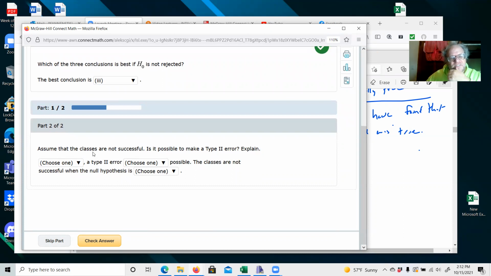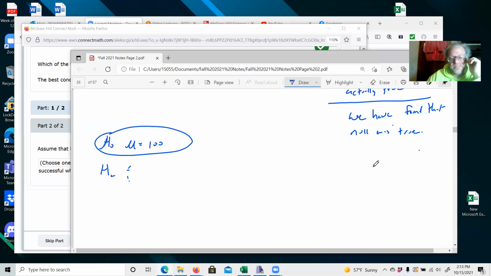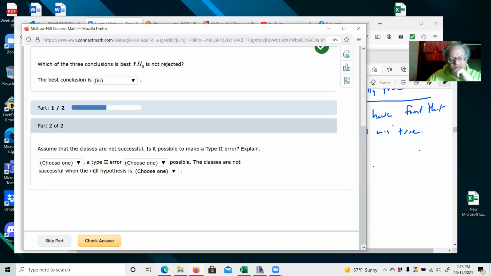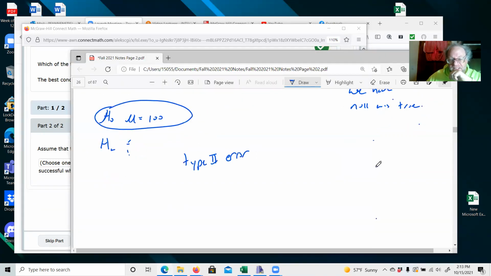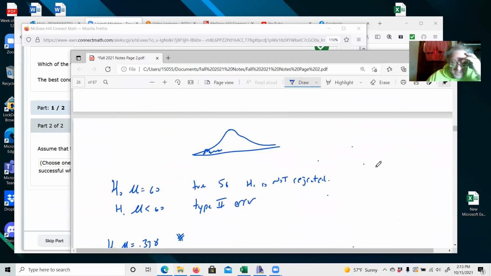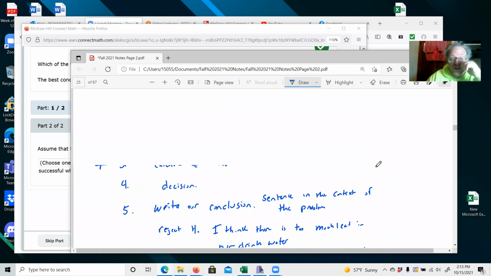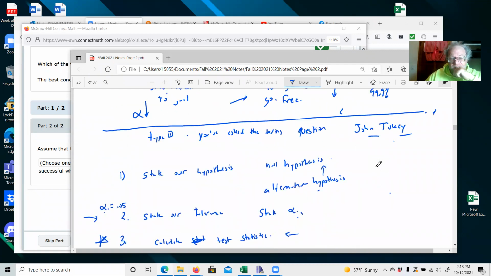Assume the classes are not successful, which means they scored lower. Is it possible to make a type 2 error? Of course it is. It's always possible to make a type 2 error. In this context, what is a type 2 error? Let's go back to our setup.